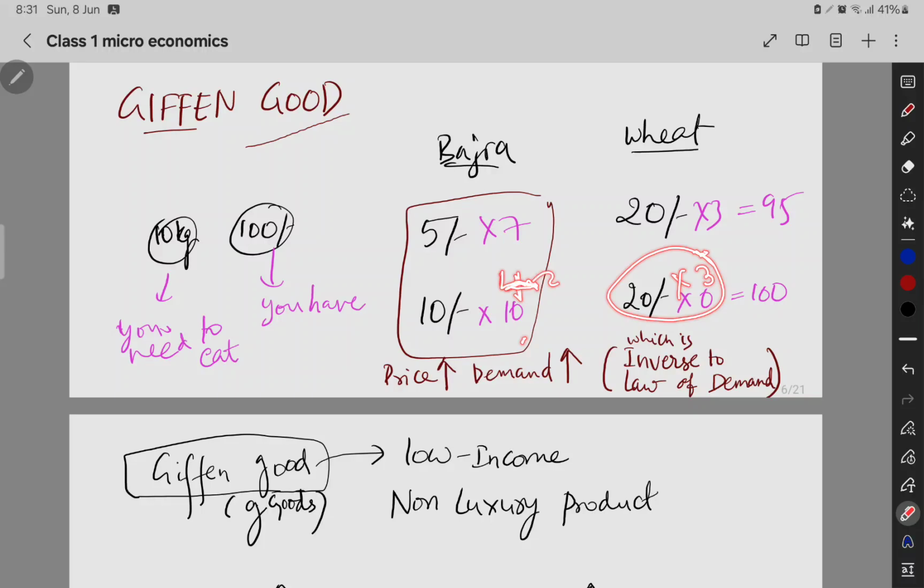It is 4 plus 3. So let me make it 2. Then 2 twenties are 40, and 60. Still 6 plus 2 becomes 8, so I cannot eat wheat. Let me take it as 20 into 1. So I am eating 1 unit of wheat and I still have 8 units left. It is going to become 80, 90, 100.